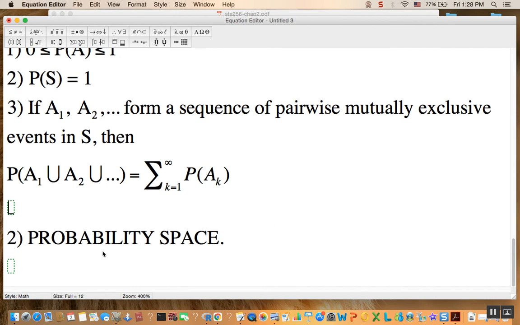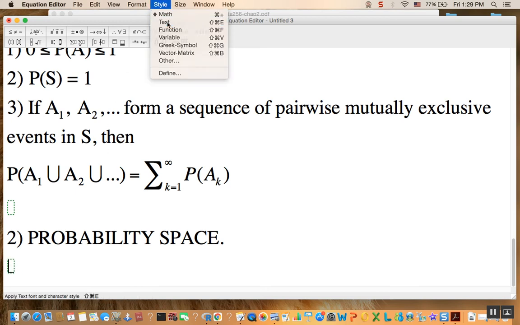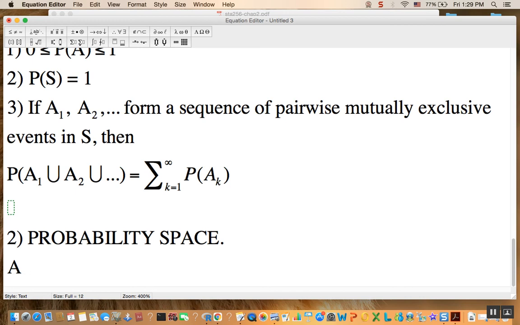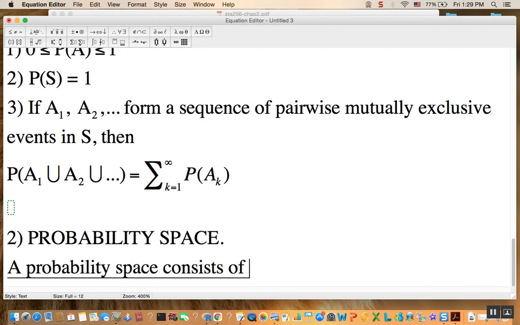Okay, so let me just write that down. A probability space consists of three fundamental ingredients. Let me call them that.